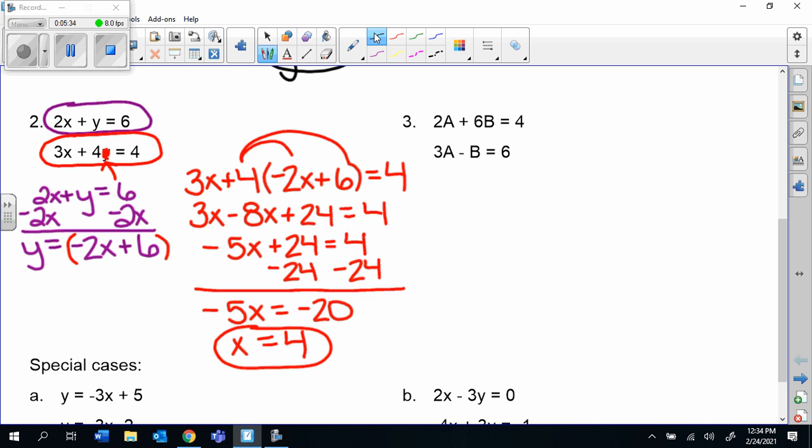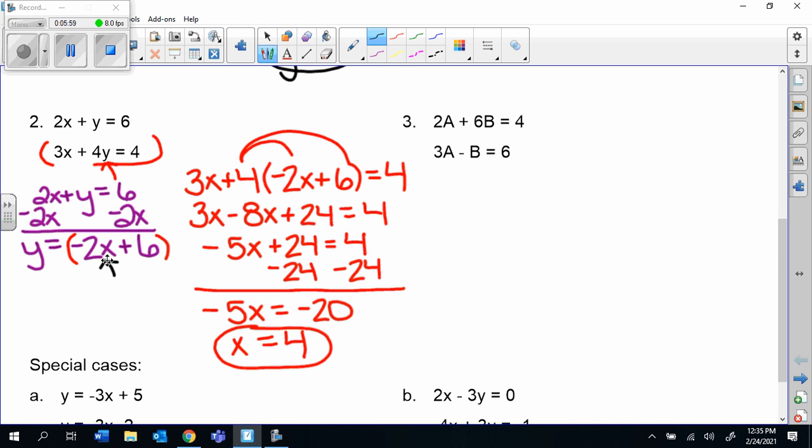All right, let's get off that red. Where do I substitute that x back in so that I can find a y value? You could do these original equations if you wanted, but you don't have to go that way because you could use where you already have it solved.